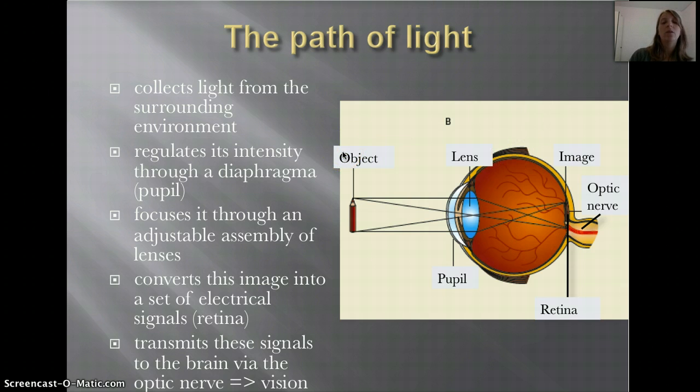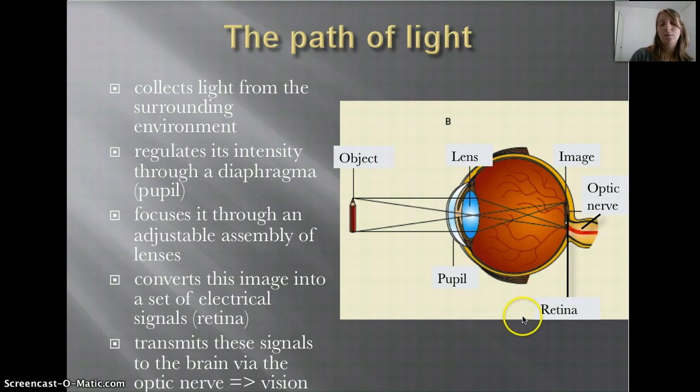So, when we take a closer look at how the eye makes it possible to see an object, we see that an object and the surrounding light are detected by the eye. The pupil regulates the intensity because it serves as a diaphragm.